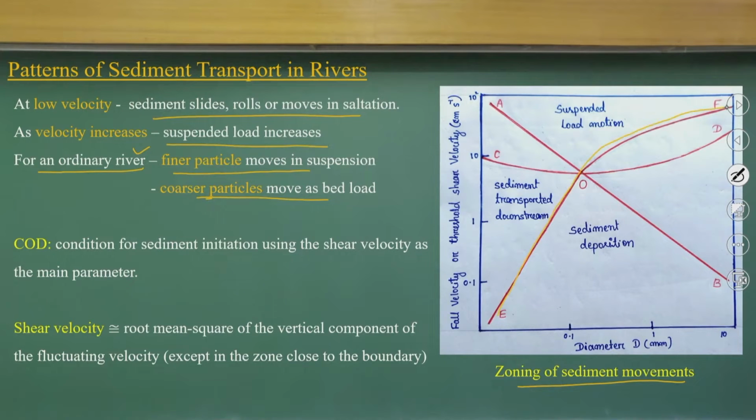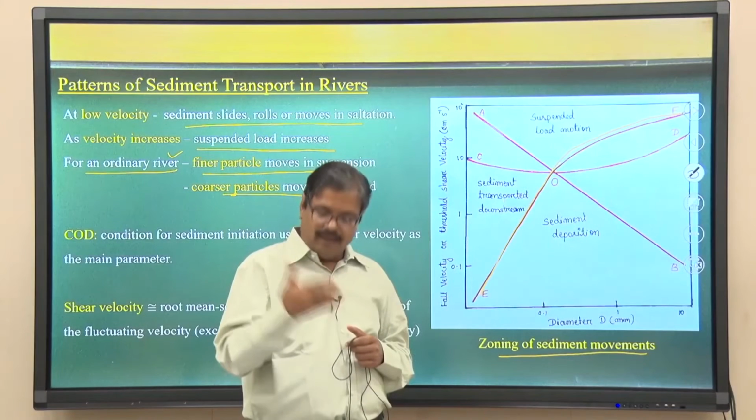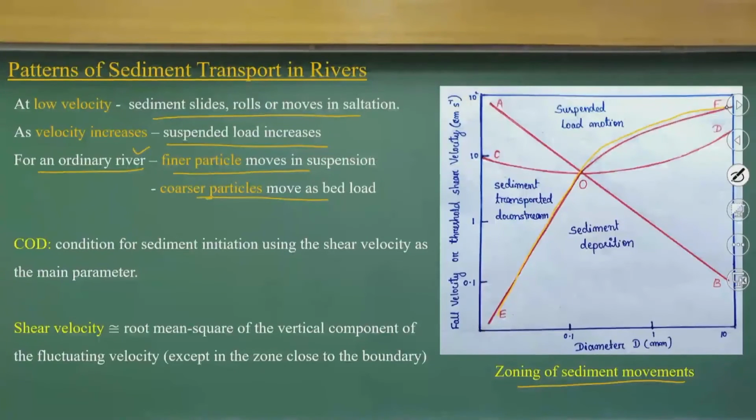So, as the diameter increases, the sediment fall velocity is going to increase. But if you look at this threshold shear velocity, beyond that the sediment starts to move, that means incipient motion. That condition is given by the line which crosses through C, O and D, and the line A and B represents our particle Reynolds number, how it is changing.